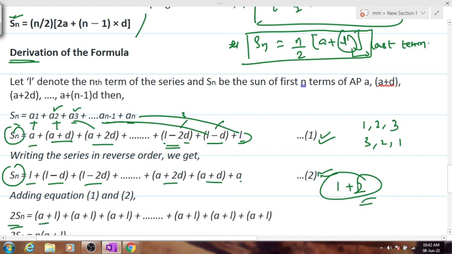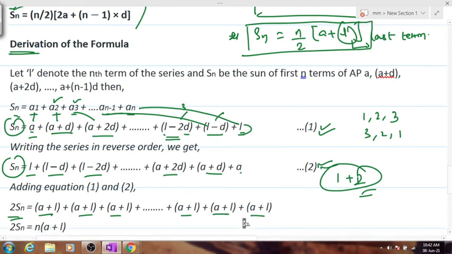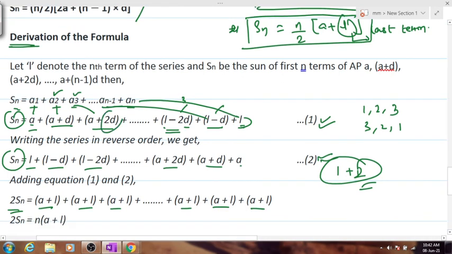A plus L, can we write? Again we are getting a plus L, a plus L, a plus L. Do you all agree with this? Because all the d's will get cancelled off. This 2d will get cancelled with this one, this d with this one. Did everybody understand that all the d's, 2d's and 3d's will get cancelled off?